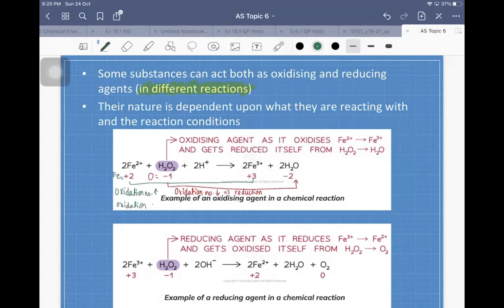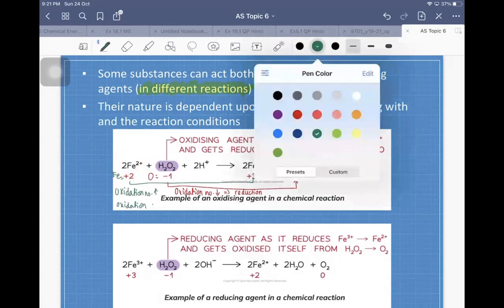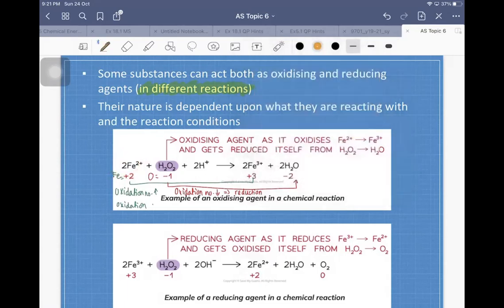Next, you just have to identify your reducing and oxidizing agent. I like to go the opposite way. So if Fe2+ is being oxidized, Fe2+ must be the reducing agent. So you just follow the opposite.